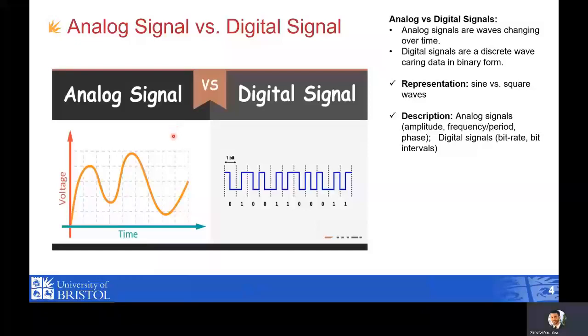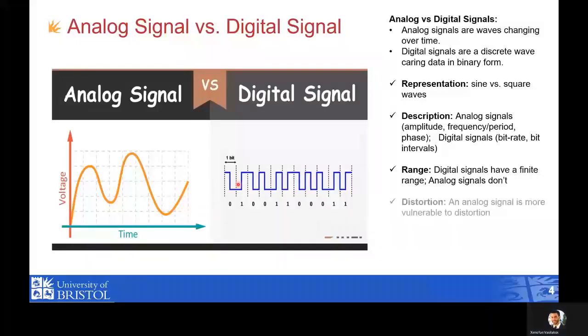Besides this, another difference is about the range. Digital signals have a finite range, as you can see here. Well, there's no such notion for analog signals, which do not have a fixed range. Distortion is also another difference between the two. An analog signal is more vulnerable to distortion, and that is a disadvantage compared to digital signals, which are not prone to distortion.